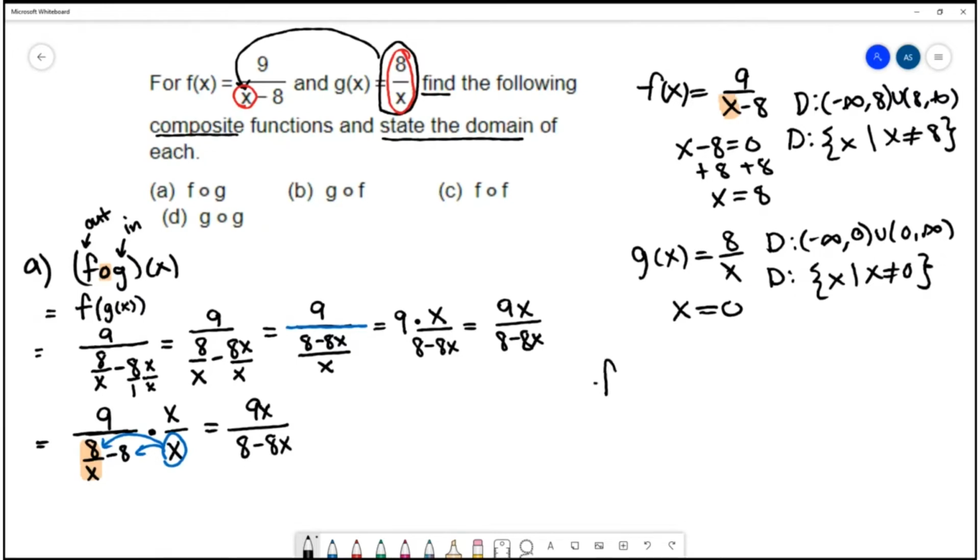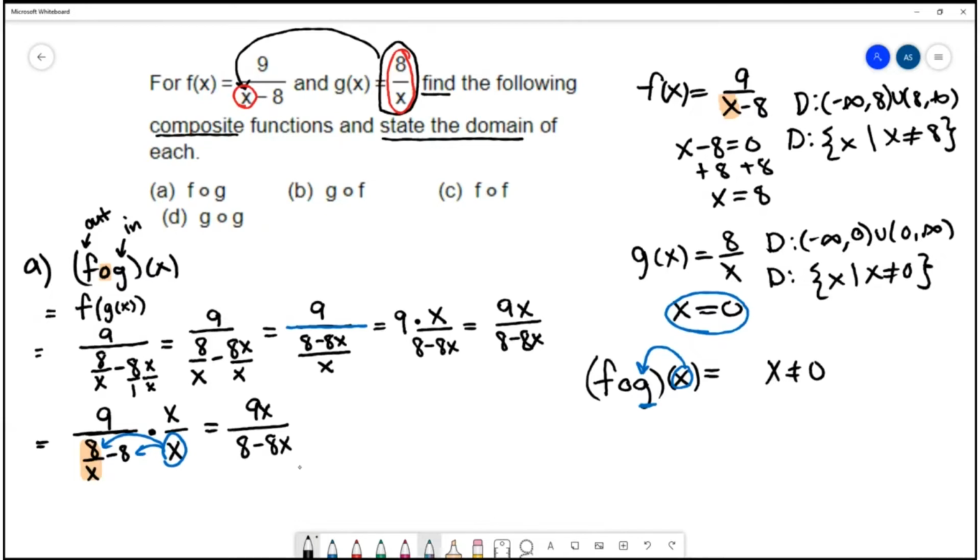Let's talk about the domain of our composite function, f composed with g of x. Now, to consider our composite function, we have to first think about substituting into g of x. That is the inside function, and so we're going to start with excluding 0. So x cannot equal 0.